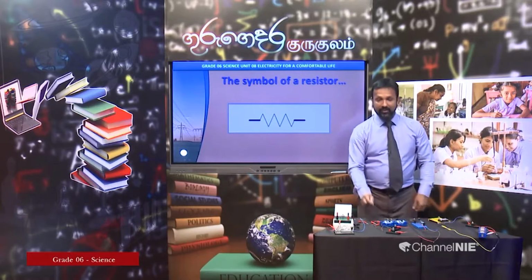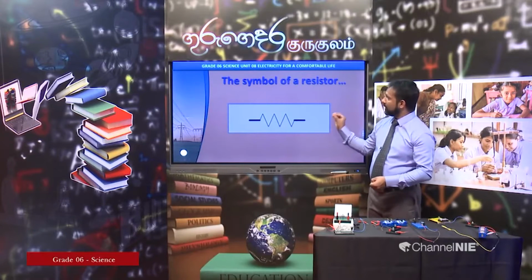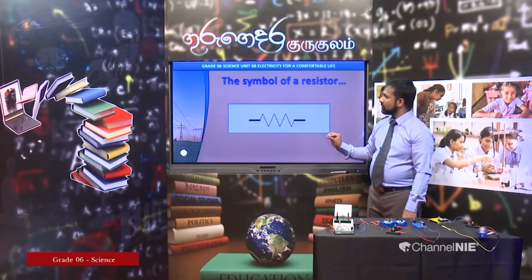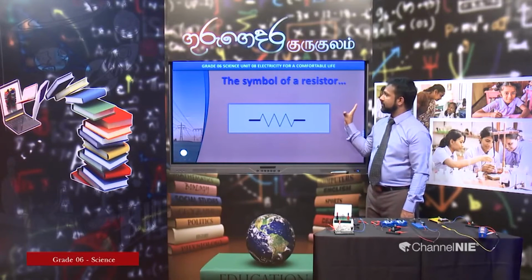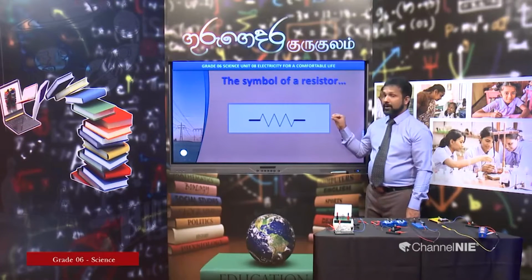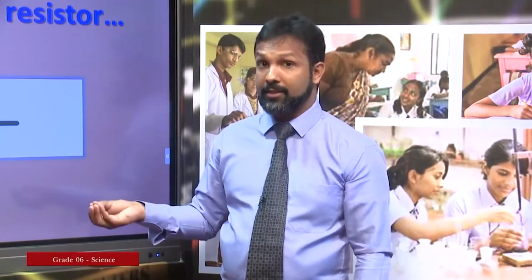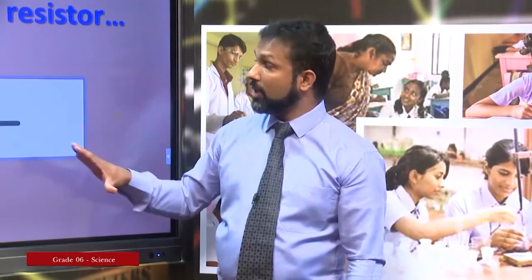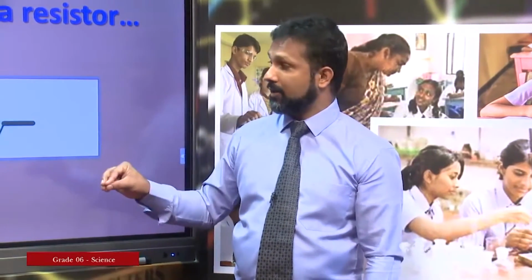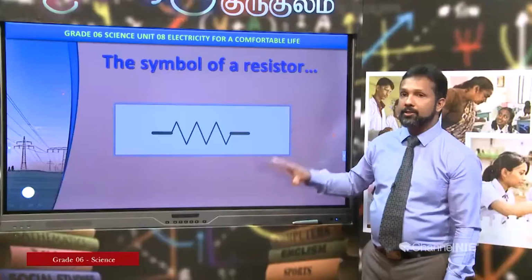Right. Then, this is the symbol that we use as the symbol of a resistor. There are some other symbols also. You will learn these things in next grades. For your grade, for grade 6 level, this is the symbol we use as resistor.